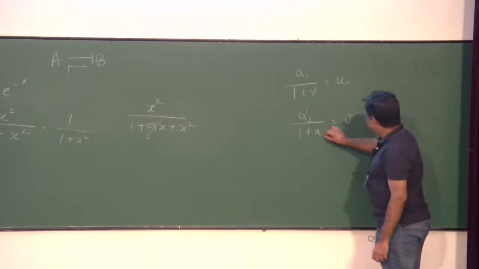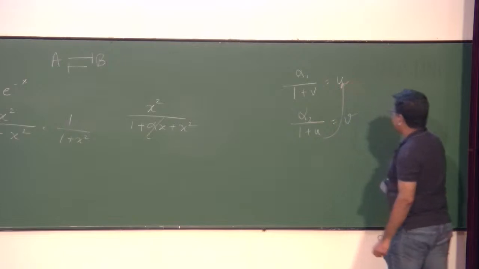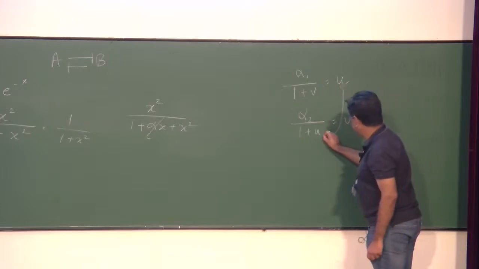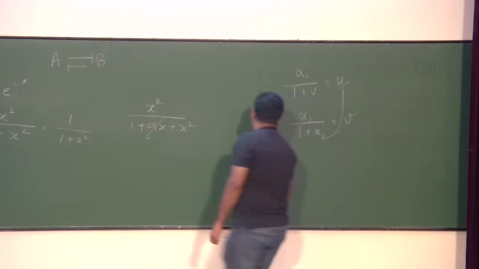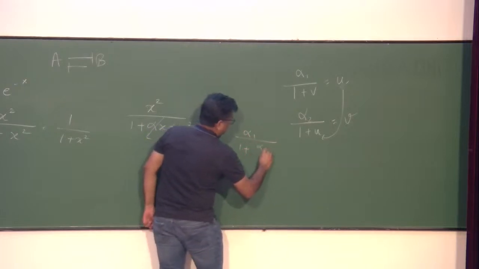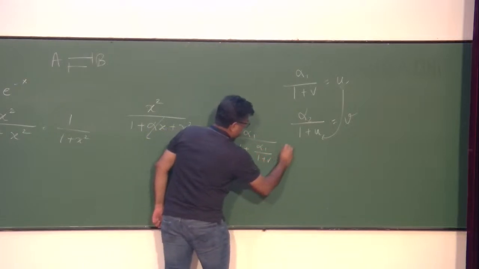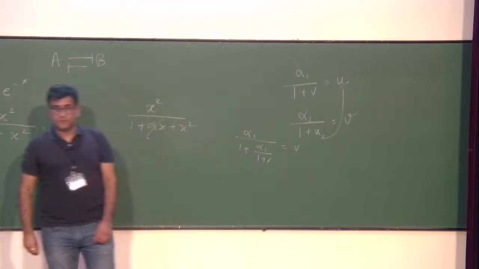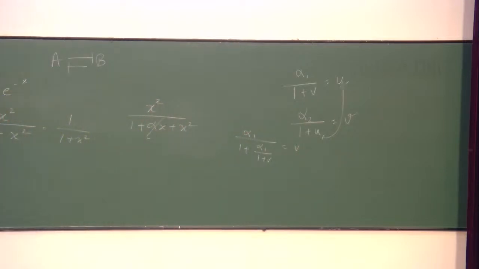Now you plug in the value of u here, so what do you have? You have alpha 1 over 1 plus alpha 1 over 1 plus v is equal to v. Right? You will get a quadratic in v. How many real distinct solutions can a quadratic have? A maximum of 2. Okay.